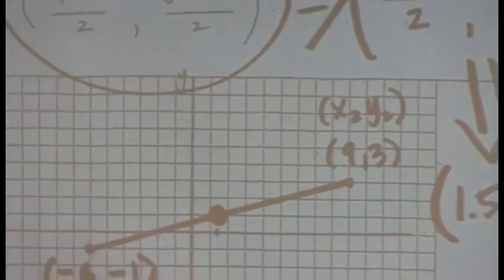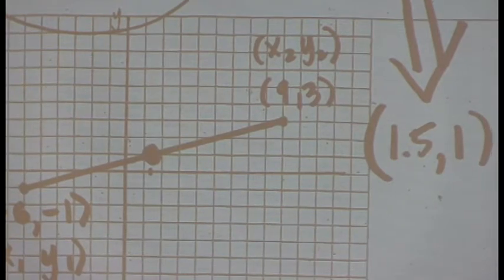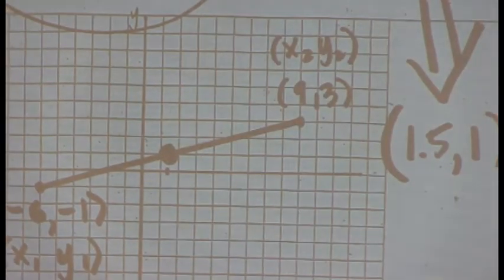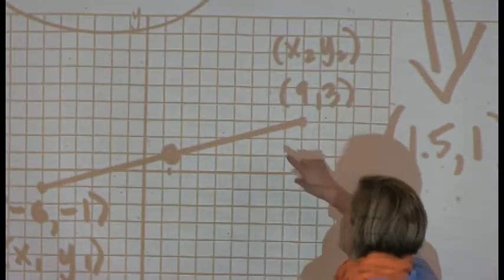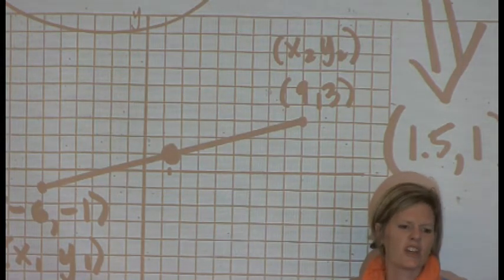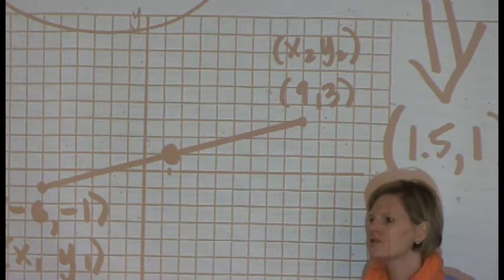So now I'm going to go back and check my graph. 1.5, 1 is about here. Check your graph. Were you pretty close? Okay? So this formula will help you be precise, because the chances of you guessing a half of something or a third correctly get a little bit harder.